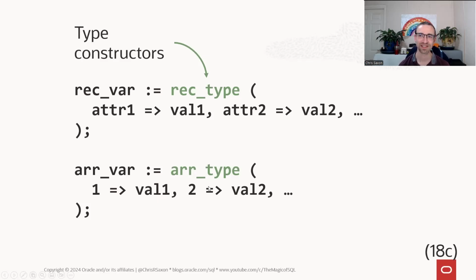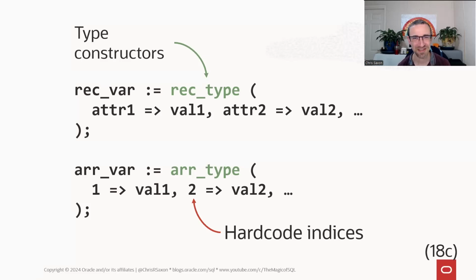But with arrays, it's a bit more challenging because you need to know how many elements there are going to be in the array and what the indices are. You basically need to hard code them. That can work quite well for ad hoc one-off things or test scripts. But generally in production code, you don't necessarily know how many elements there are going to be in the array, right? So this can be a bit impractical in production code.